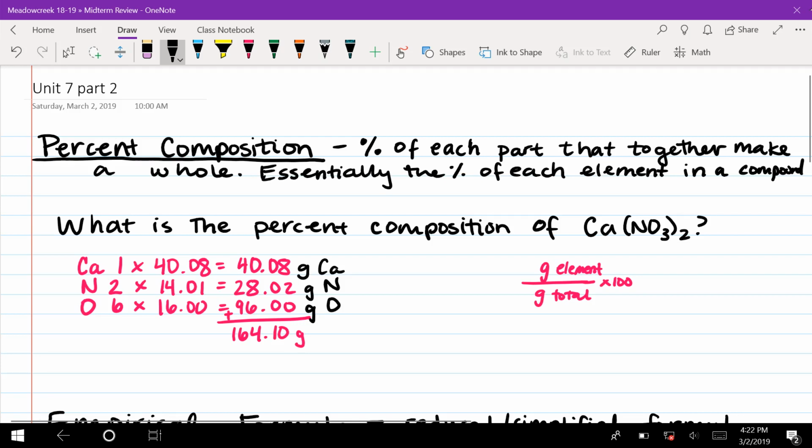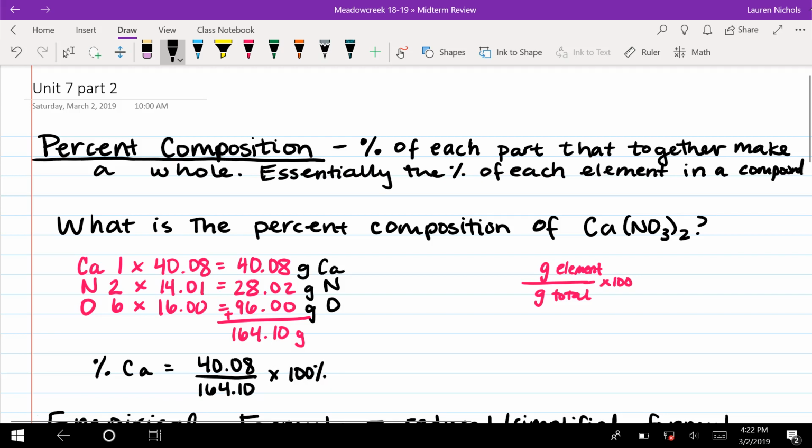And so the percent of calcium would be equal to 40.08 divided by our total, which is 164.10 times 100%, because anytime you have a percentage, you always multiply by 100, and you get 24.4% calcium.